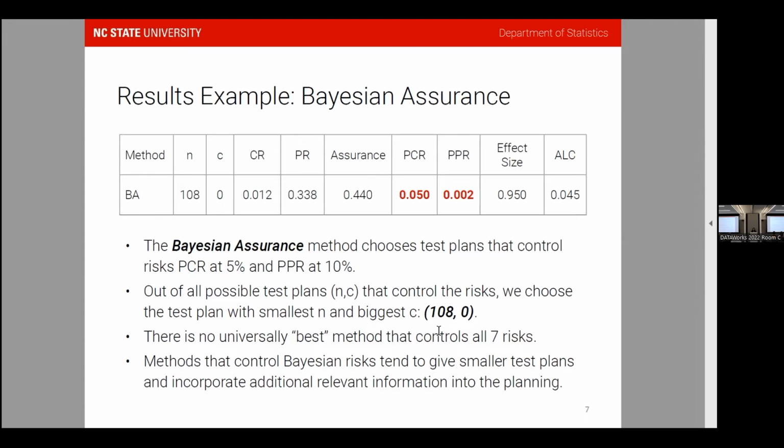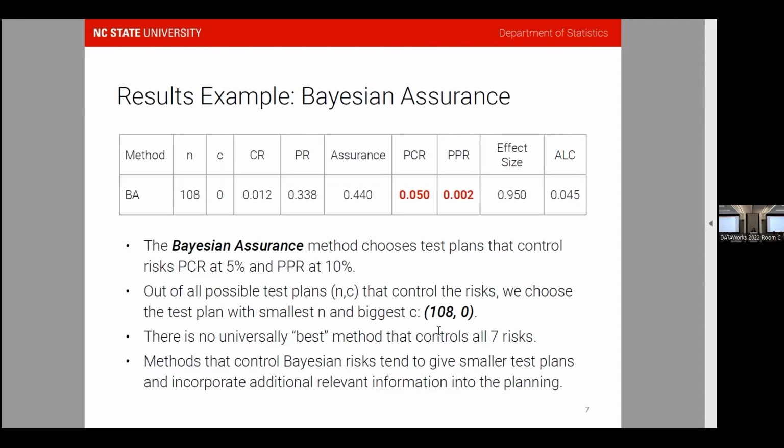And there can be a lot of candidates, the possible test plans N and C that would control both the PCR and PPR. And here we've chosen the test plan that gives us the smallest number of tests N and the biggest maximum number of failures allowed C. That gives us the test plan 108 and 0.